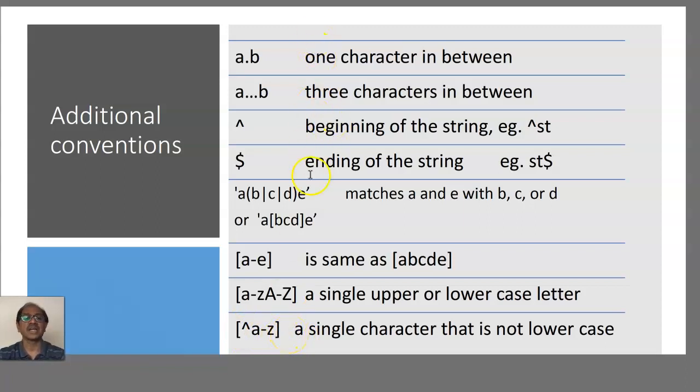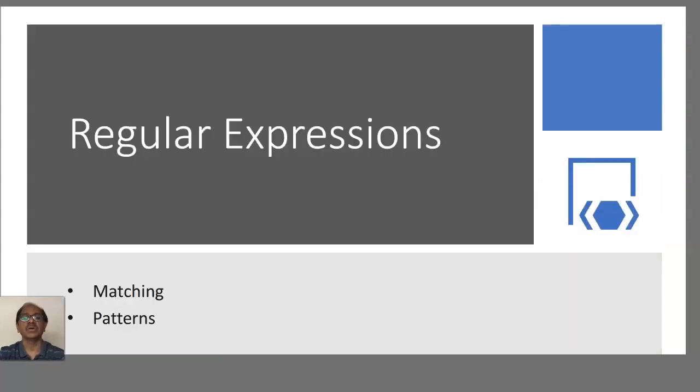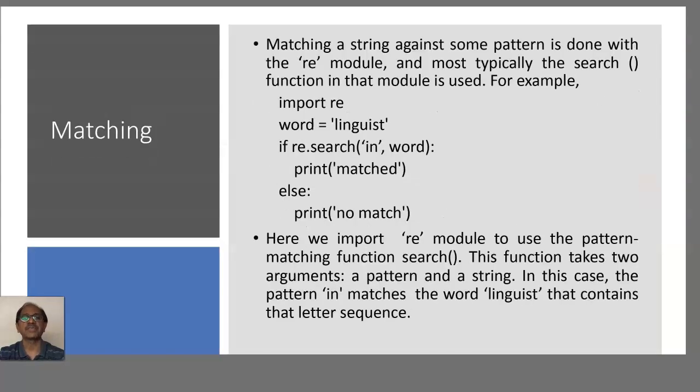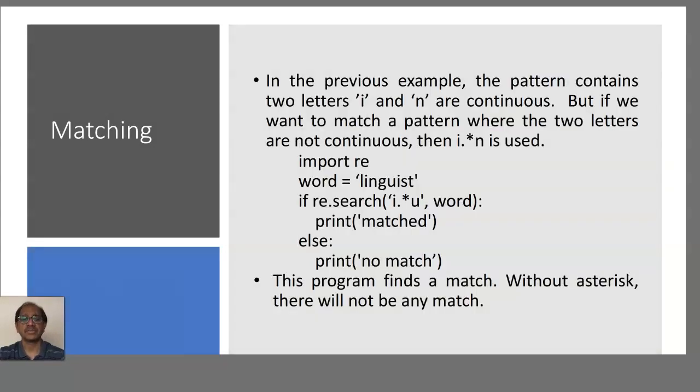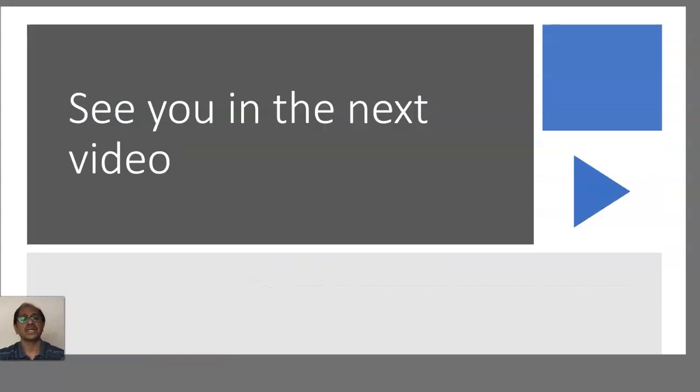So these are additional conventions. In fact, many more conventions are there. You can learn more such conventions while programming. So basically what we have learned in this video is how to make regular expressions and how to use them in small programs, and there are more conventions. See you in the next video.